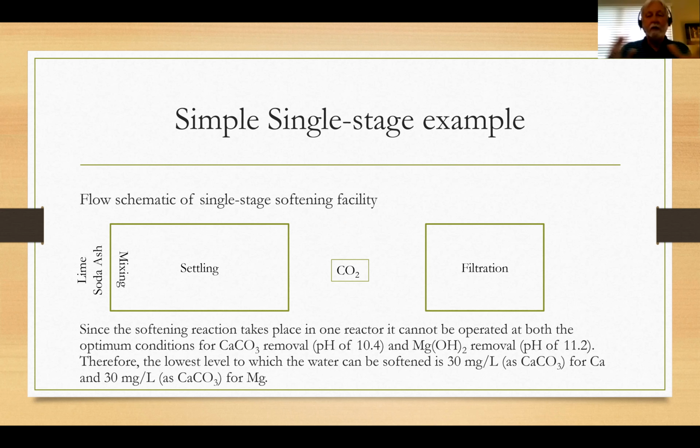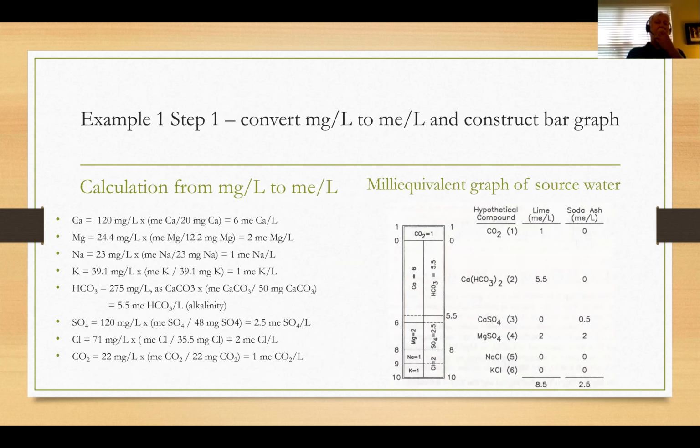So that's why we choose, in single stage softening, a stoichiometric amount of lime and a stoichiometric amount of soda ash if we want to fully soften the water, and we end up operating the basin at a pH of about 10.4. Okay, so at 10.4, escaping that first basin, we are going to have 30 milligrams per liter of calcium carbonate escaping, and we're going to have 30 milligrams per liter of magnesium hydroxide escaping as calcium carbonate.